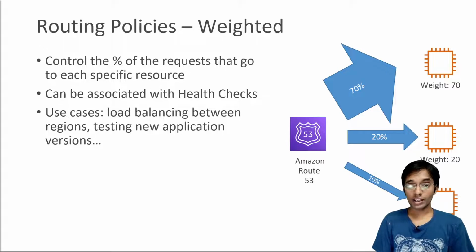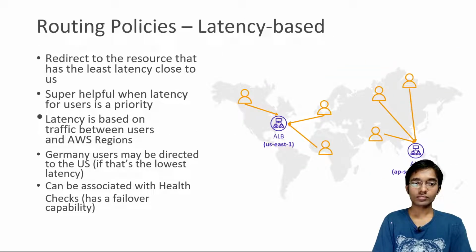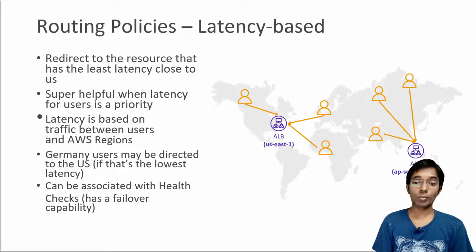Then we have latency-based records, which is to redirect to the resource that has the least latency. This is super helpful when latency is a user priority, and the latency is going to be defined on the traffic between the users and a specified AWS region.